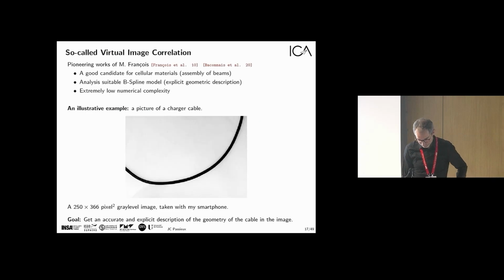And we based our work on the work of Marc François from University of Nantes. He developed some years ago an algorithm that was capable to locate a line within an image. And I will try to explain you with a sample image which was taken with my phone of the charger cable of my phone.